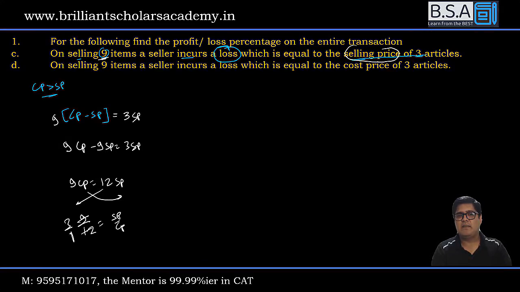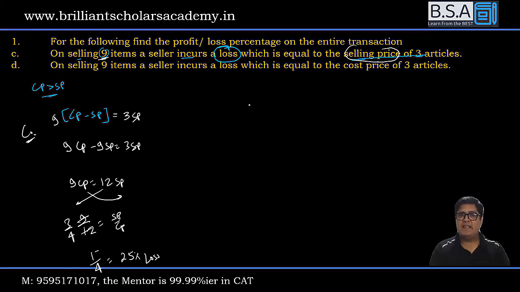Cancel, cancel, 3 by 4. So it makes me feel on a cost price of 4 rupees, there is a loss of 1. On a cost price of 4, there's a loss of 1. So there is a 25% loss here. That is example C. It is first question. First question has 6 examples.